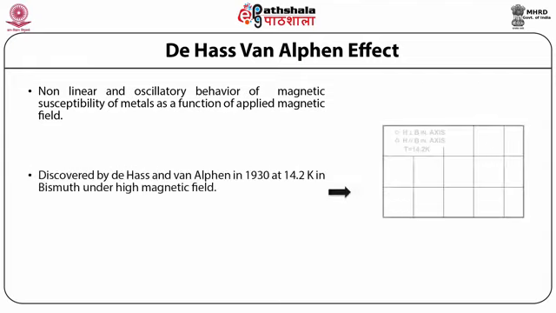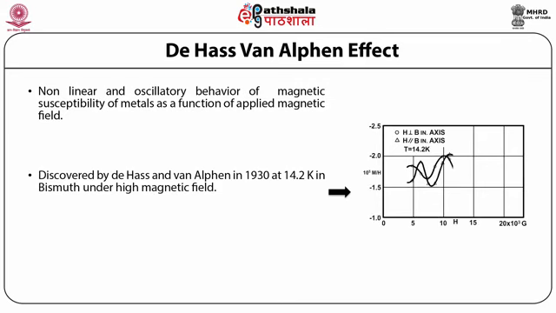It was discovered by W.J. de Haas and P.M. van Alphen in 1930 at very low temperature, around 14.2 Kelvin, in the metal bismuth as a function of high magnetic field. They found that the magnetic susceptibility is a periodic function of the reciprocal of the magnetic field.